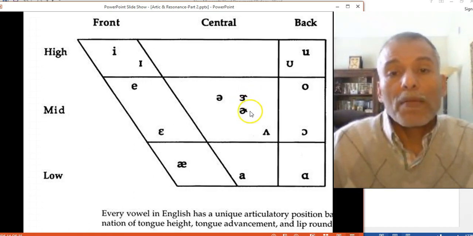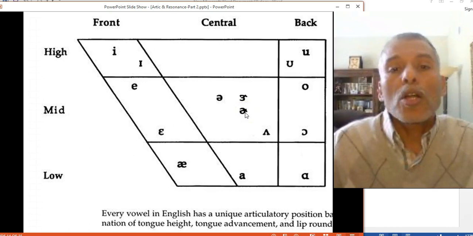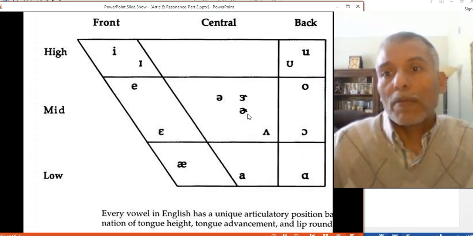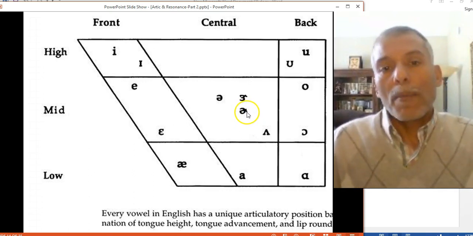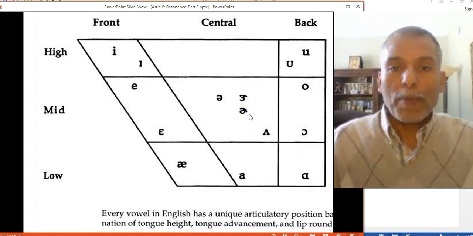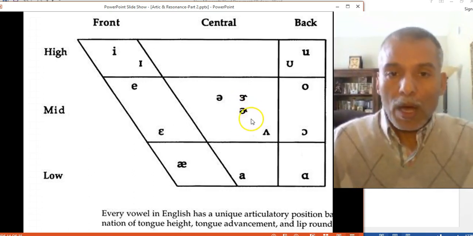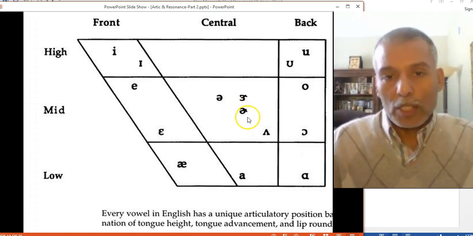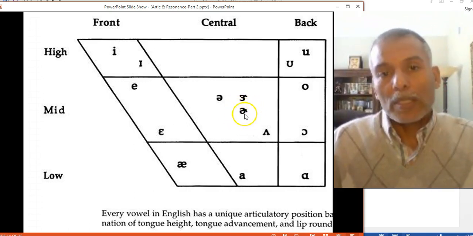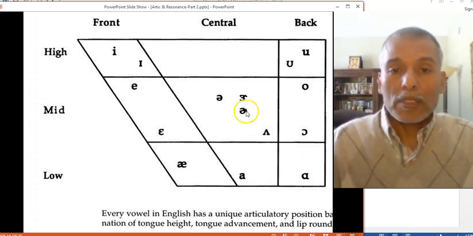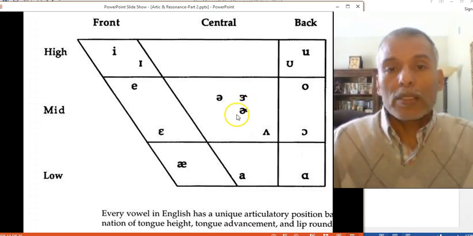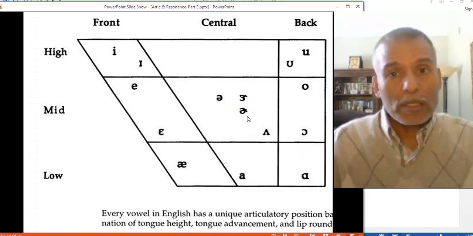So then we have these two symbols, these two sounds. The first, as in the final ER of words like planter, carpenter, butter. The R sound is treated as a vowel, and it's called the unstressed schwa.